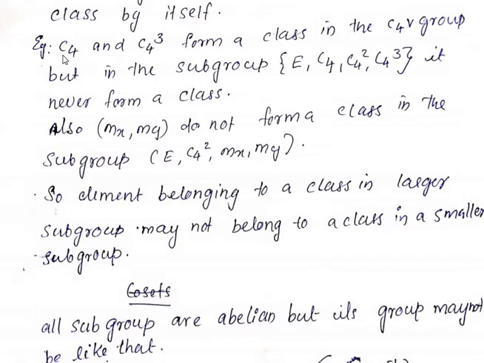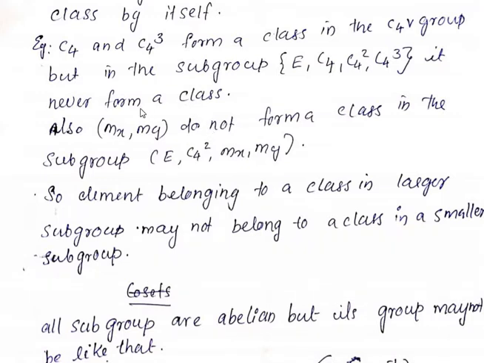But in the case of the normal group, C4 and C4 cube form a class, but they never form a class if they are in the subgroup. Also, Mx and My are a class of the C4V group.